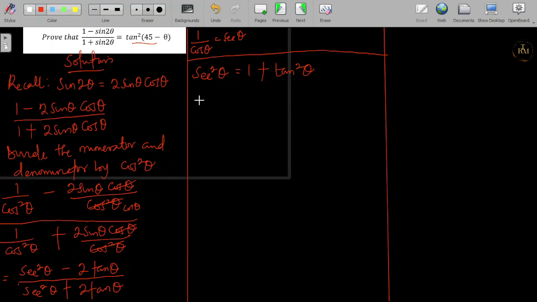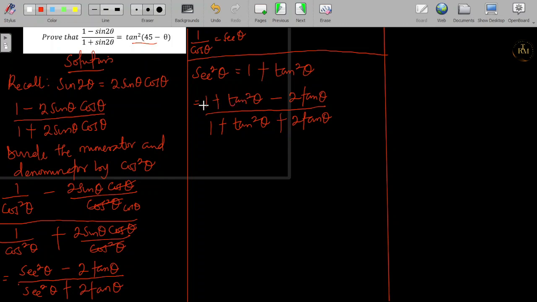So I'm going to have 1 plus tan squared theta minus 2 tan theta, divided by 1 plus tan squared theta plus 2 tan theta.